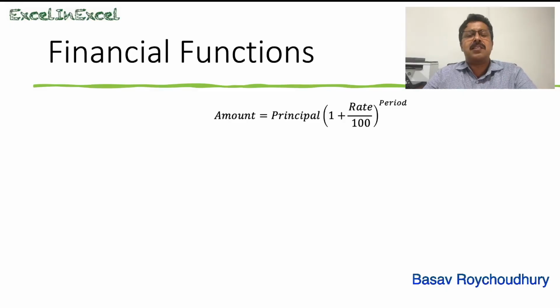So that's the beauty of using the functions. And once I have written that formula using that function, at any point of time, if I say 1 lakh is too high, maybe 75,000 would do, in the formula I just need to change that amount to 75,000, and the new rate of interest will be given to me. So functions are very, very useful.